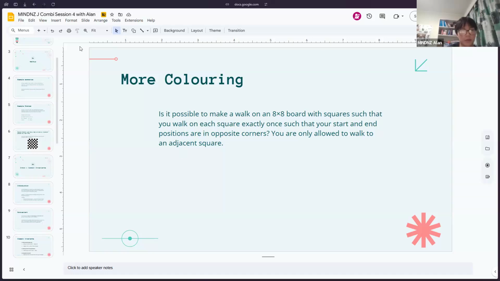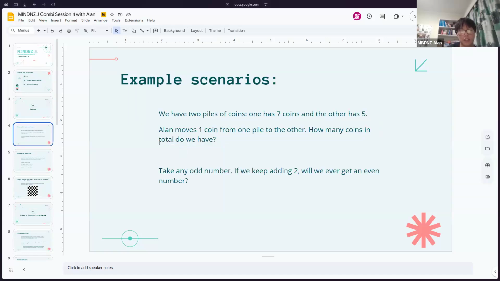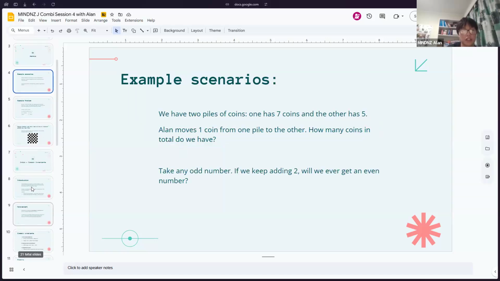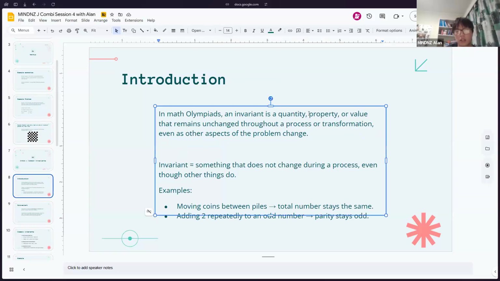So I'll just give you a recap on what we've done so far. We did some example scenarios. It's pretty simple. And then we covered an introduction. An invariant is basically a property or quantity that does not change, even though other things do.